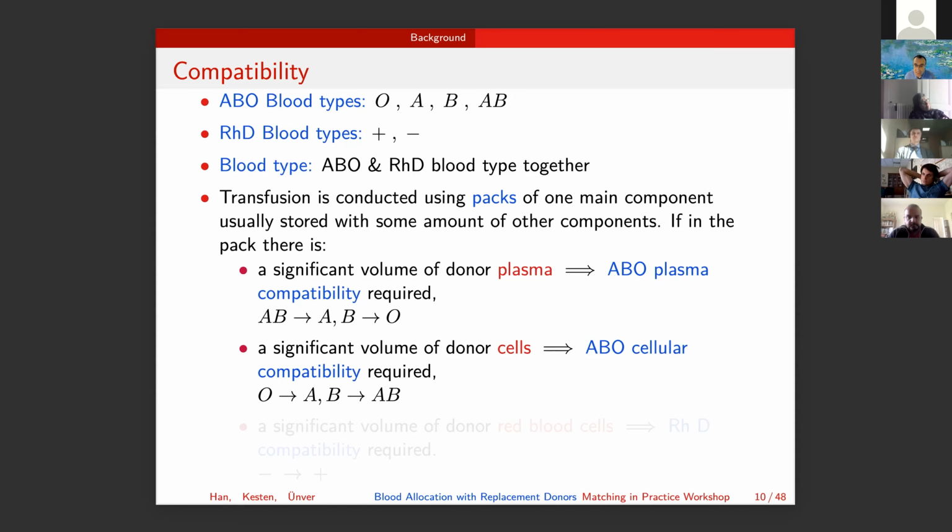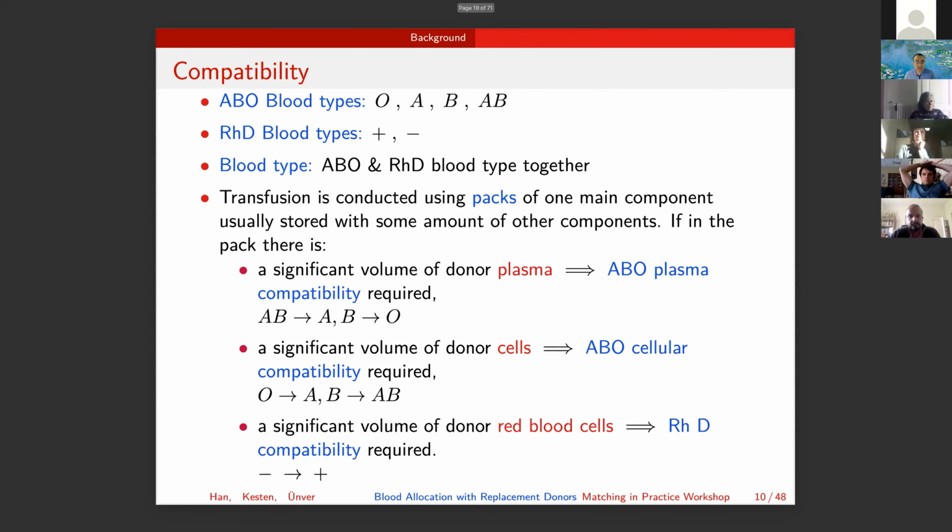In that case, the antibodies in the plasma of the patient must not attack the cells of the donor. So then it is reversed. O can donate to A or B, which both can be donated to AB. This is what is relevant, for example, for organ donation because of that.